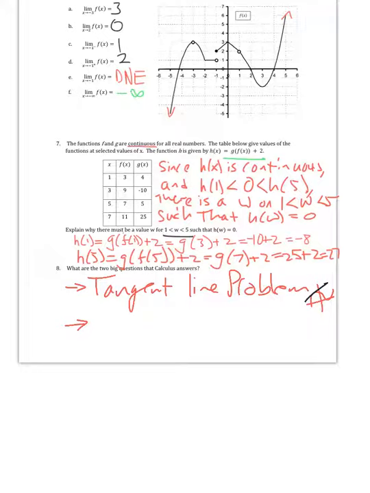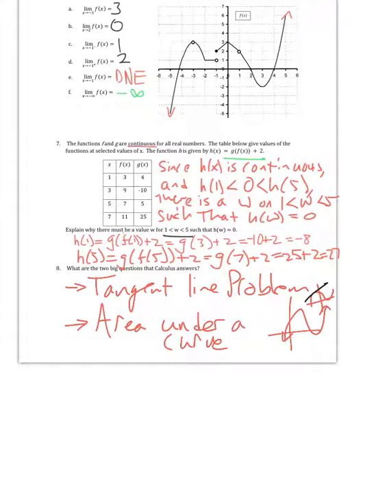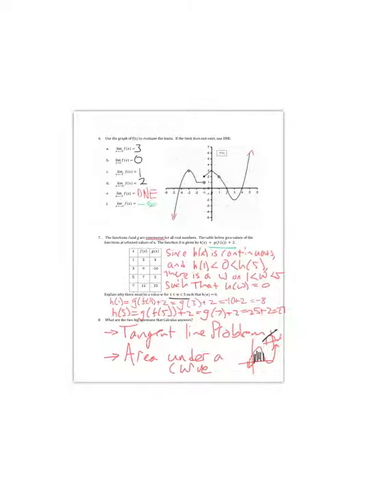And then the second question was to find the area under a curve. That'll be our second semester. So if we've got some curve, what is the area underneath that curve? So those are two big problems that we'll be talking about, along with lots of others, but two big ones. All right, there you have it. So study hard, and you're going to do great.